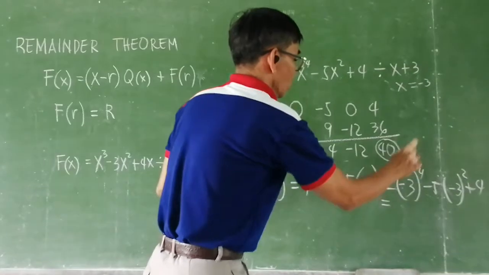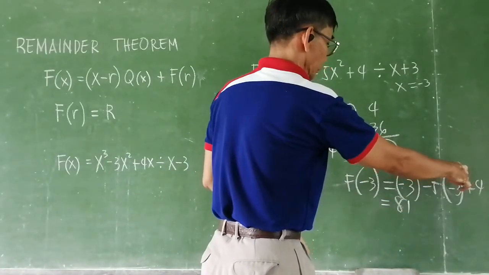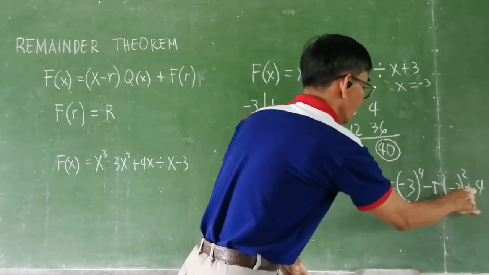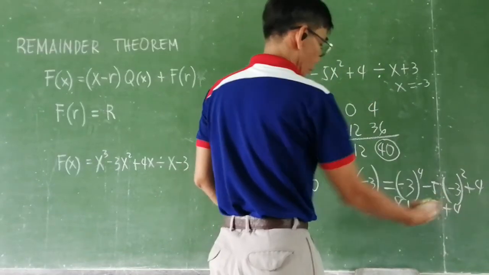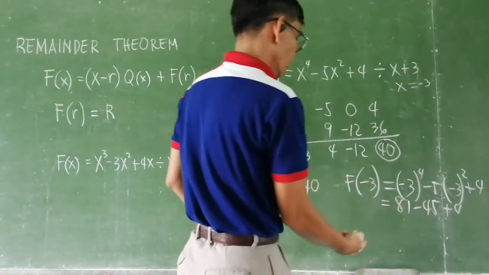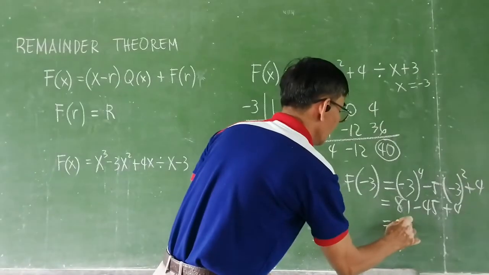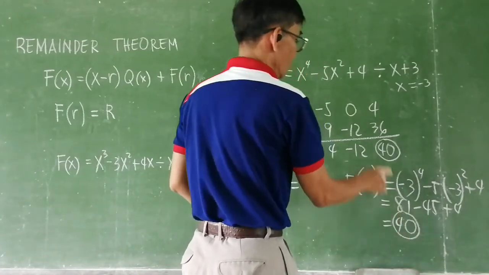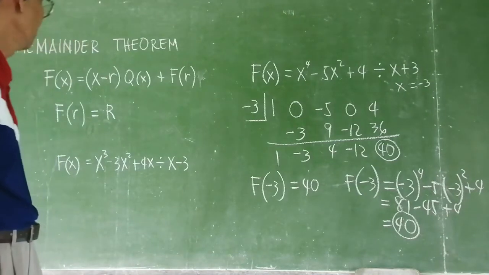So that will be 81. That will be 9 times negative 5 is negative 45 plus 4. So we add 81 plus 4 will be 85 minus 45 will be 40. So this is your remainder. Same with this. Okay, so that's how to have the remainder.